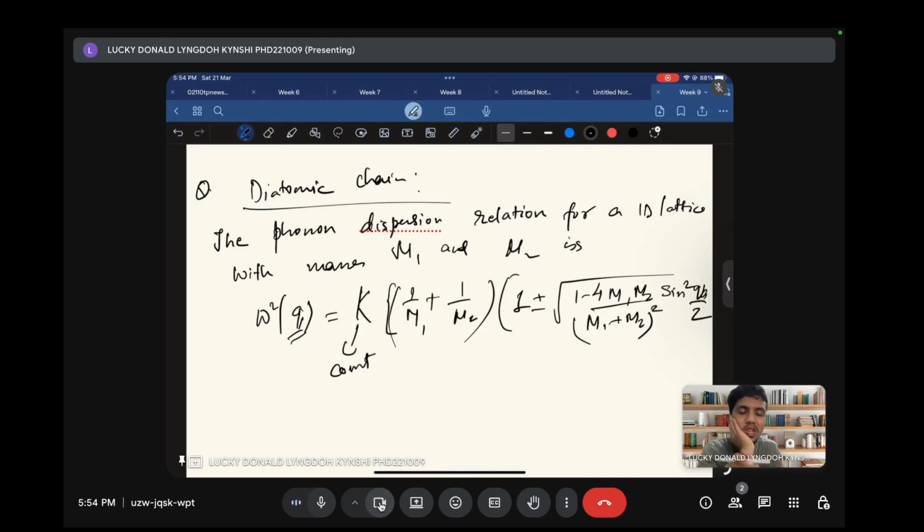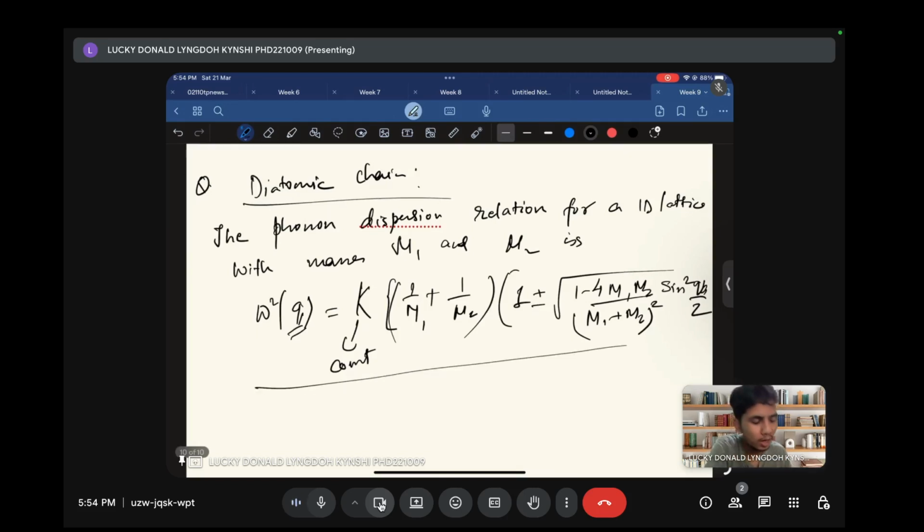Okay, so this is exactly what I was talking about: after you solve the diatomic chain, you will end up with this expression. This expression contains both the acoustic mode and the optical mode. The acoustic mode is omega square with the negative sign, whereas the positive sign corresponds to the optical mode.